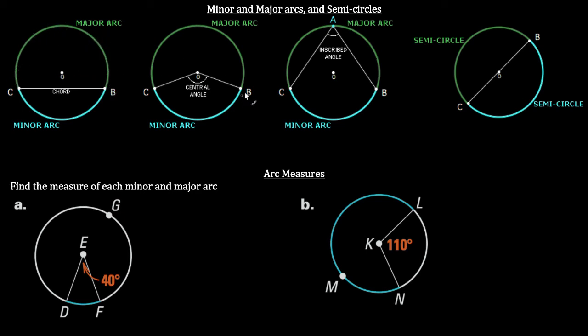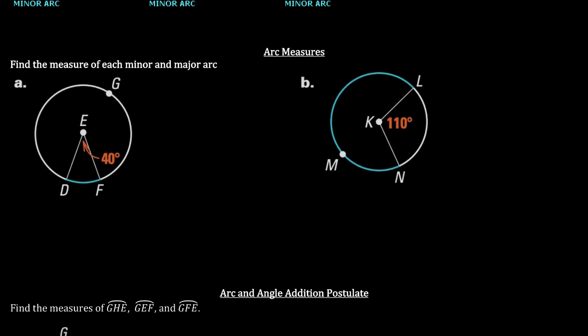Minor arc, smaller; major arc, larger. When you put these together, I think about them as pairs, and they equal 360. Even in a semicircle, there is no minor or major because one's not larger or smaller. It's just called a semicircle because they're both 180 degrees.